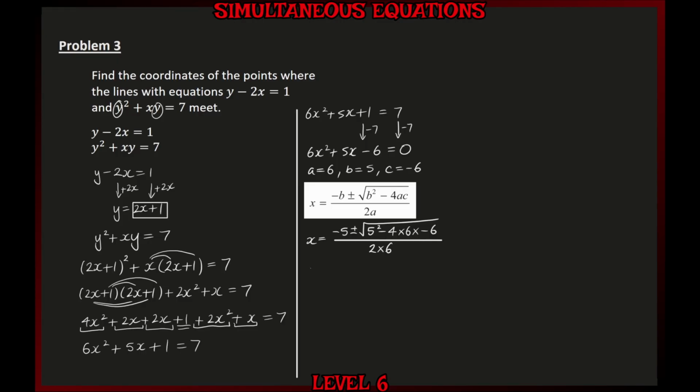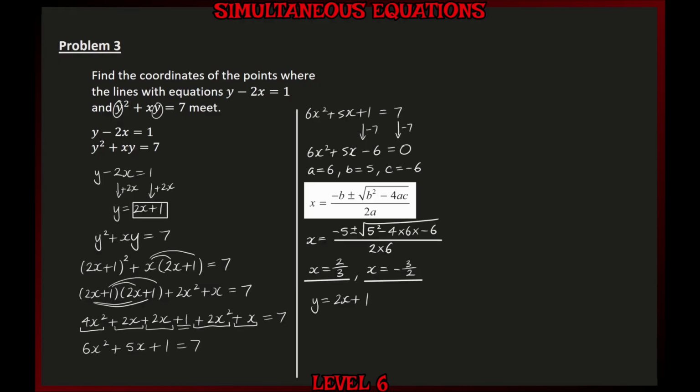And if we calculate this with a plus on the numerator, we get x is equal to 2/3. And if we calculate it again but using a minus on the numerator, we get x is equal to minus 3/2. So these are the first parts of our solution. We now need to find a corresponding value of y for each of those values of x. And we're going to use the equation y equals 2x plus 1 that we rearranged earlier because we have y as a subject here.